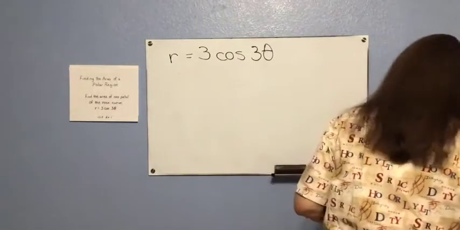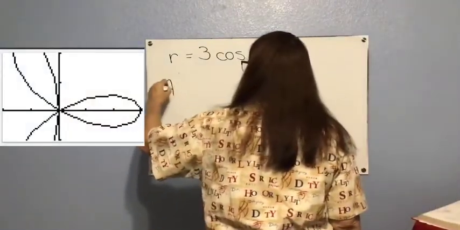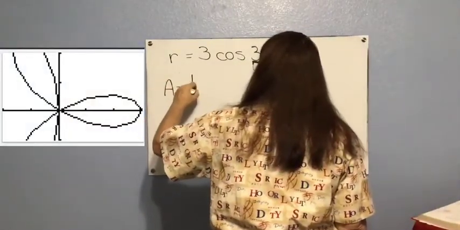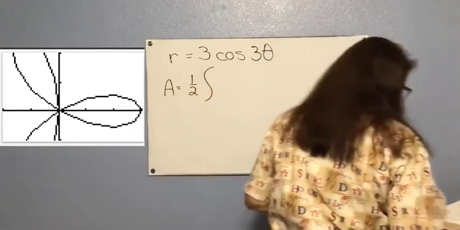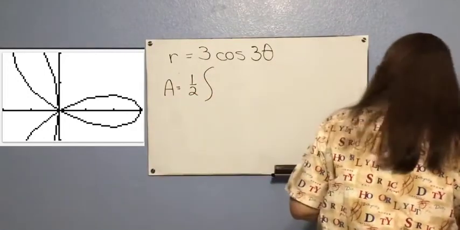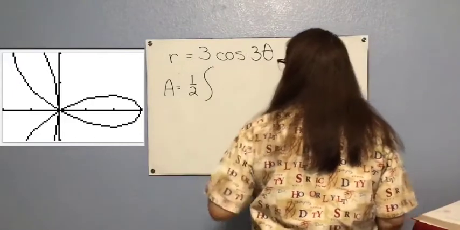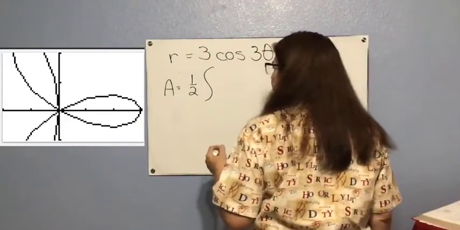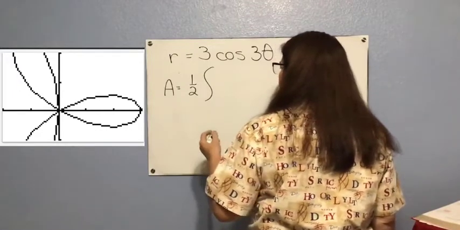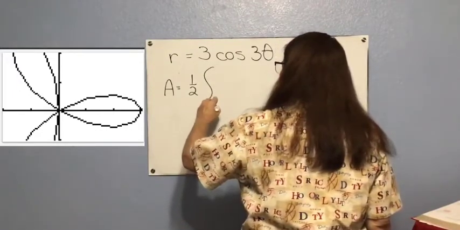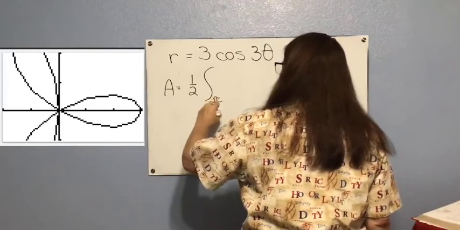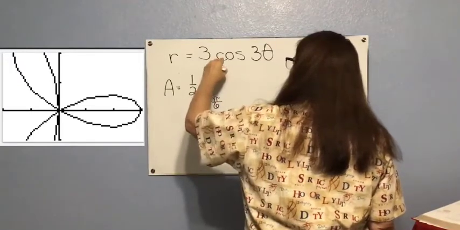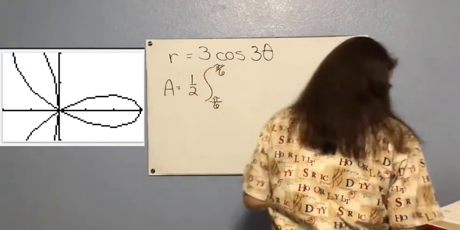to understand what it is you're trying to find the area of. So using our formula, we've got A is equal to 1/2 the integral, and we want just one of the petals of this rose, which is going to be 1/3 of it. So we're going to go from negative pi over 6 to positive pi over 6.